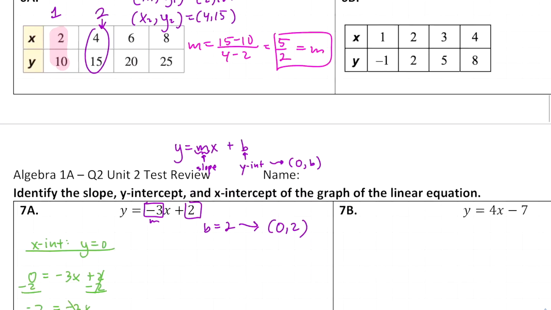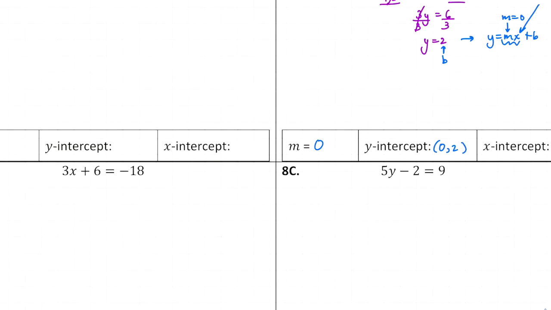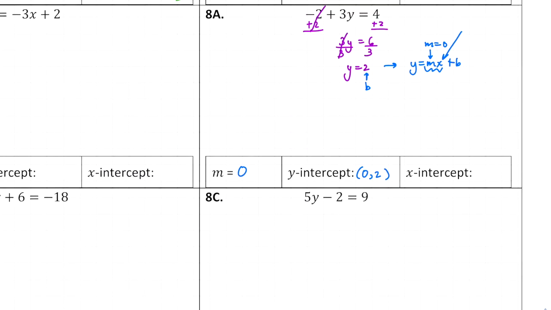You could try to solve to show that there would be no solution for x by doing this. Let's see. Trying to find an x-intercept by setting y equal to 0 and then going -2 plus 3 times 0 equals 4. And then you get -2 is equal to 4, which is not true. And I don't even have an x there.